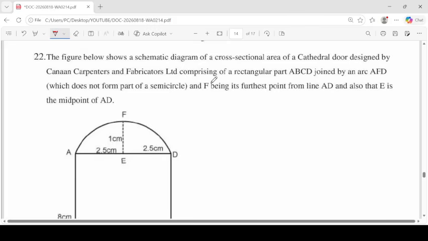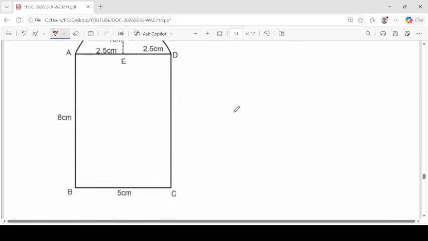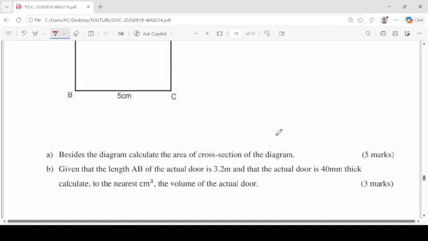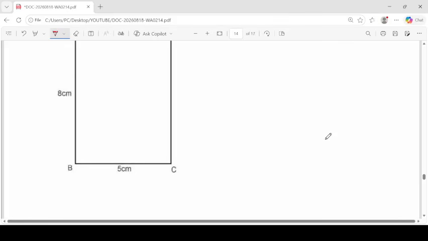I hope you can relate the language in use there. Besides the diagram, calculate the cross-sectional area of the diagram. We need to calculate the cross-sectional area of the diagram.